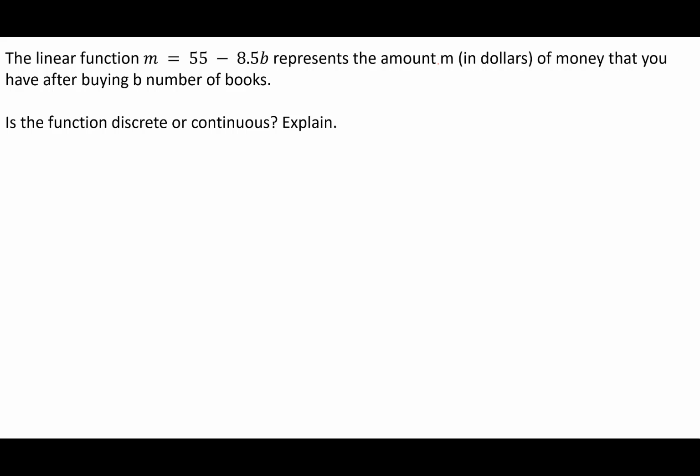Okay, so we're going to look at what our input value is here, which in this case is the b, my number of books. So is this going to be discrete or continuous? Well, I can't buy half a book, can I? So this one is discrete because I can only buy a whole number of books.